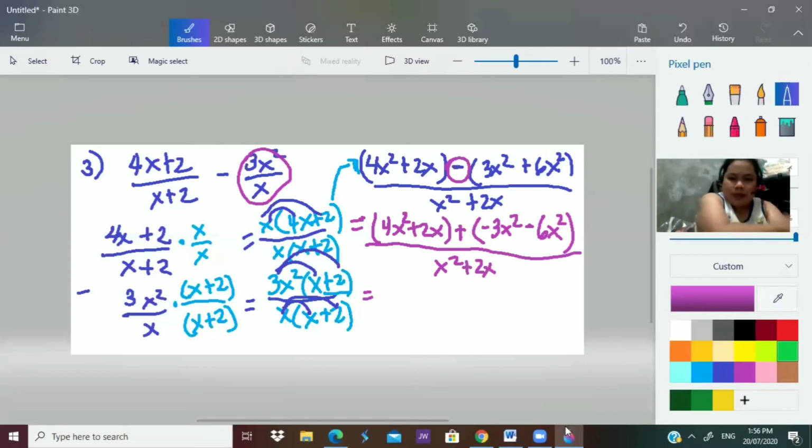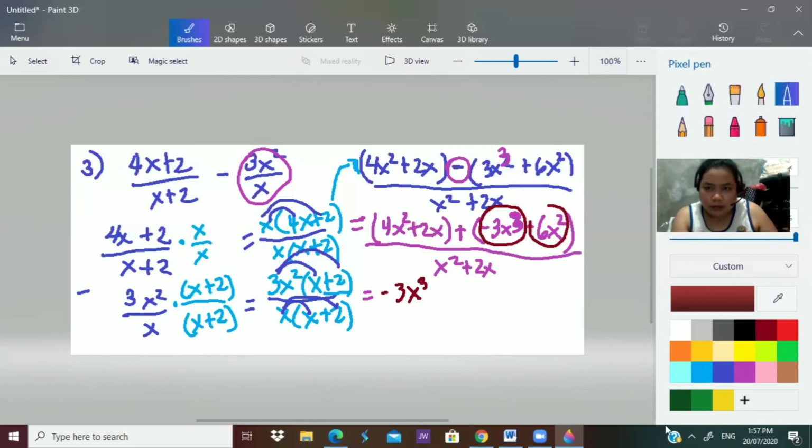Okay. So, let us combine similar terms. Is it x squared? Hindi ata x squared to. Sorry, it's my mistake. Ito pala ay 3. Yan. So, combine similar terms. So, wala tayong similar terms ng x cubed. So, we have negative 3x cubed. But, we have negative 6x squared and 4x squared.